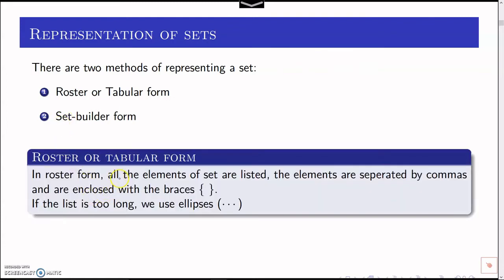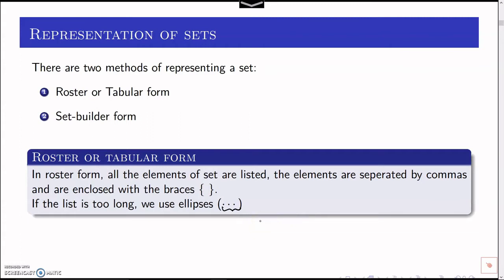In roster form, all the elements of the set are listed. The elements are separated by commas and are enclosed with braces. Sometimes the list could be very long. That time we can use ellipses, three dots. I'll show examples in the next slide.